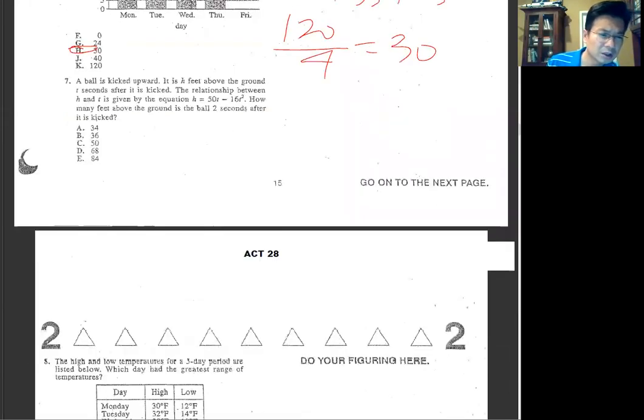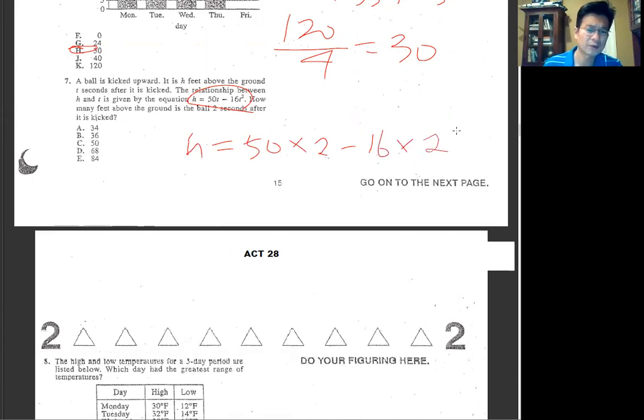A ball is kicked upwards, h feet above the ground, t seconds after it's kicked. The relationship is this one. How many feet above the ground is the ball at 2 seconds? If you put 2 seconds in for t, h is 50 times 2 minus 16 times 2 squared. 100 minus 64, so 36.